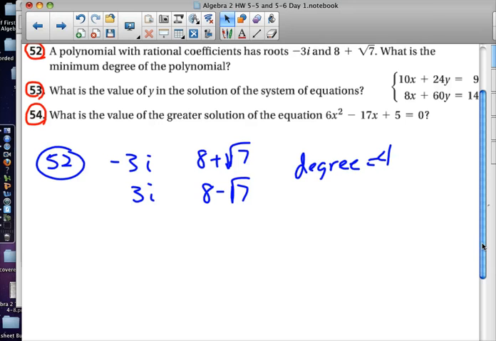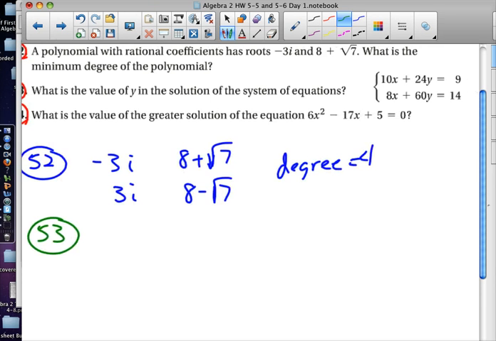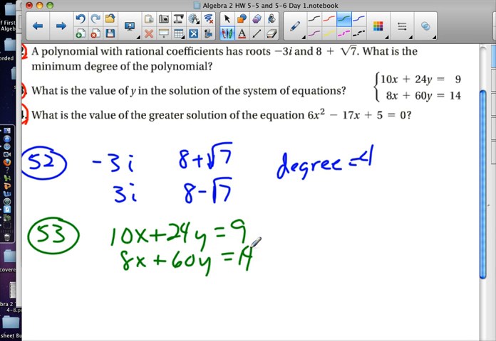Let me see if I can squish number 53 in here. 53 says, what is y? We're taking a look at a system over here, and we haven't done systems for a little while, so this is a good review problem. All right, so things to think about as you go through here.